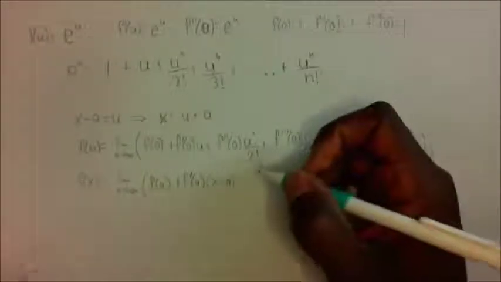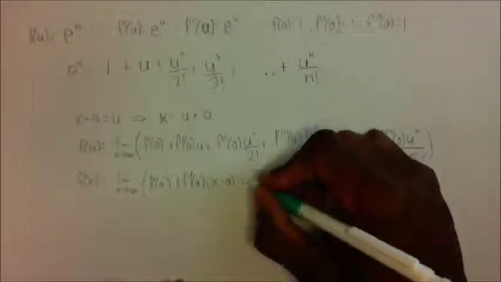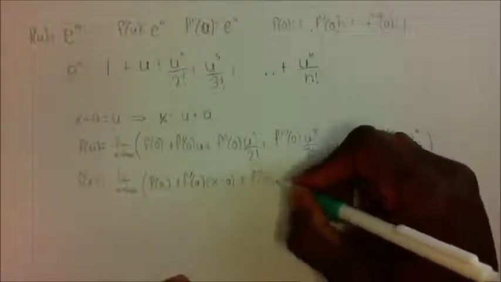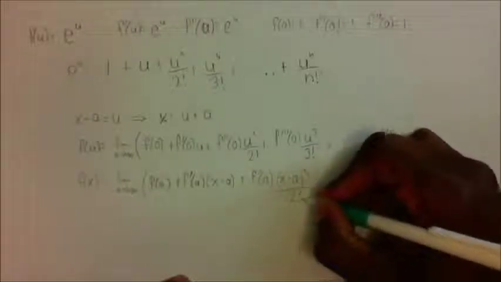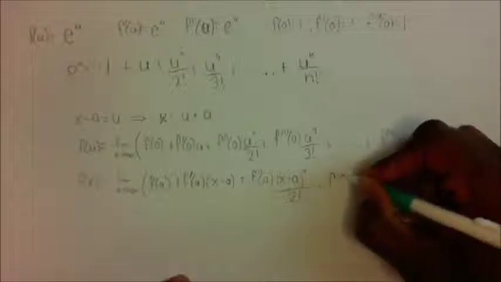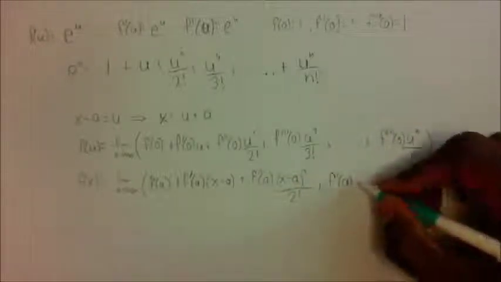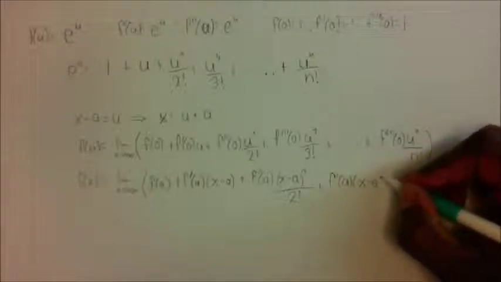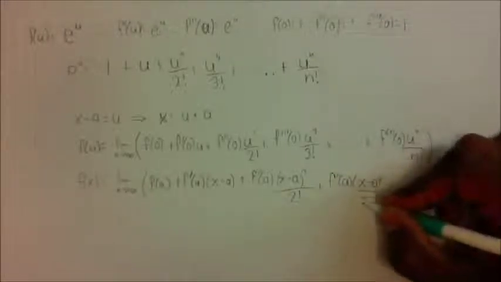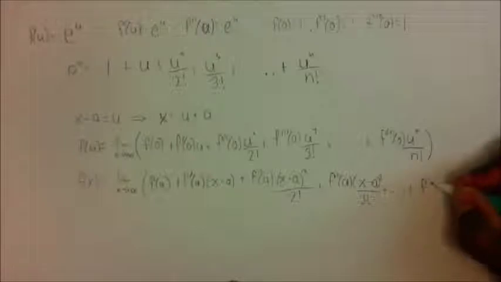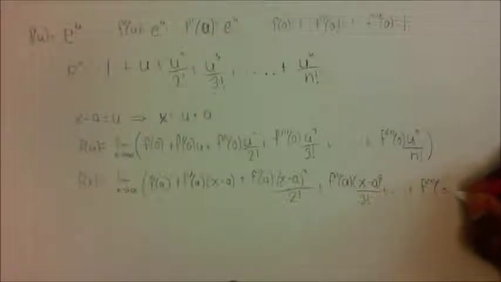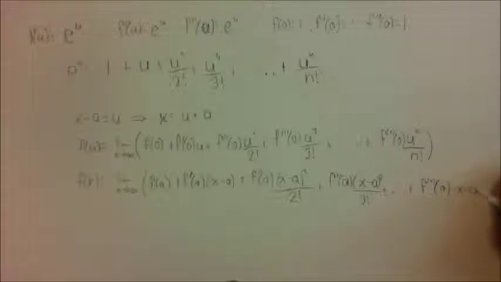So wherever I see u, I'm going to substitute x minus a, plus f double prime a times x minus a squared over 2 factorial, plus f triple prime a times x minus a cubed over 3 factorial, plus on and on and on, plus the nth derivative of a times x minus a to the n, over n factorial.